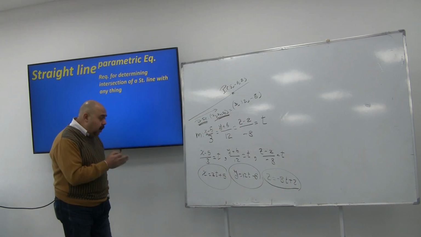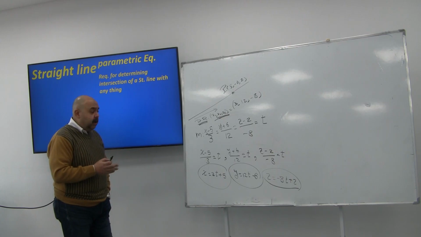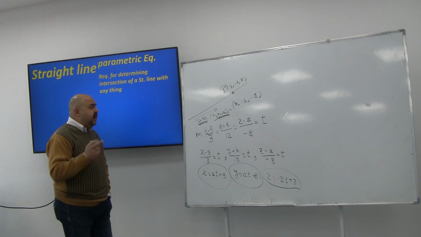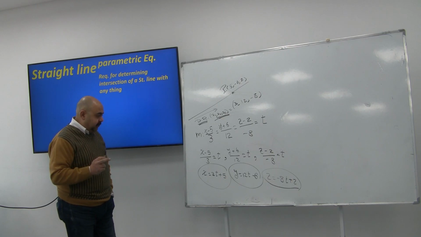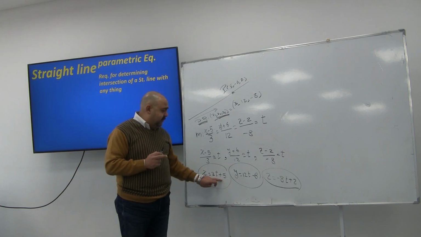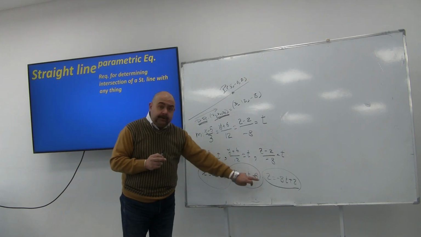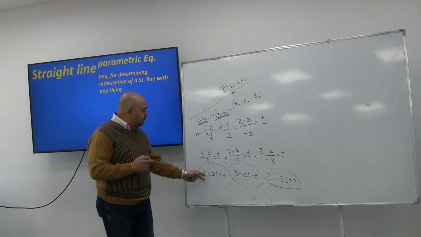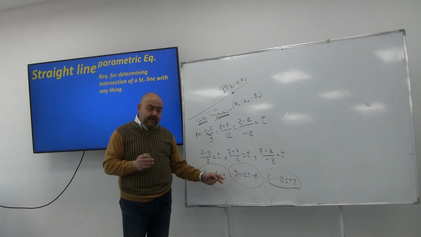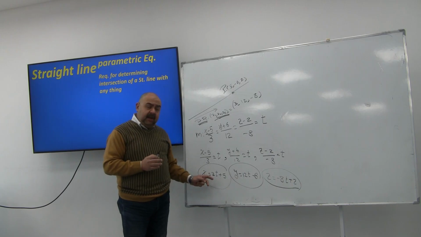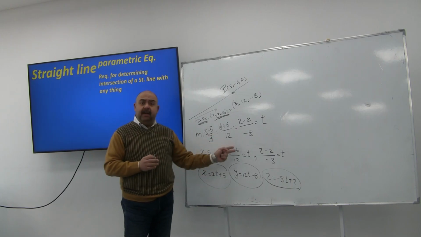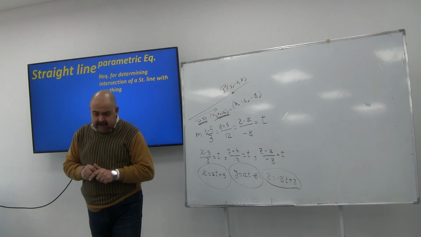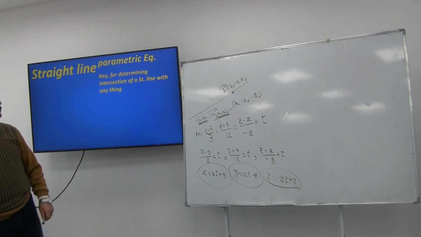If you take a good look at this problem, you will find the following: the coordinates 5, negative 6, and 2 are actually the coordinates of the point. And the numbers multiplied by t are the coordinates of the direction vector. So it can be written in this form.